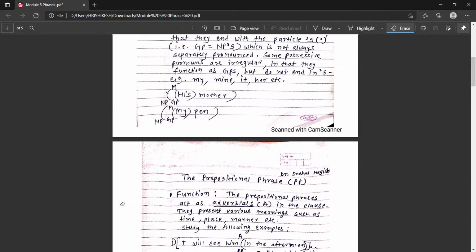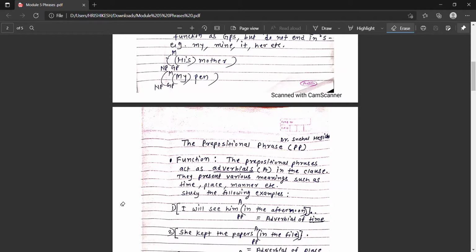What is the function of the prepositional phrase? Prepositional phrases function as adverbials. So adverbials is a very important element of the sentence. There are 5 particularly important elements of the sentence or clause. First one is the subject.